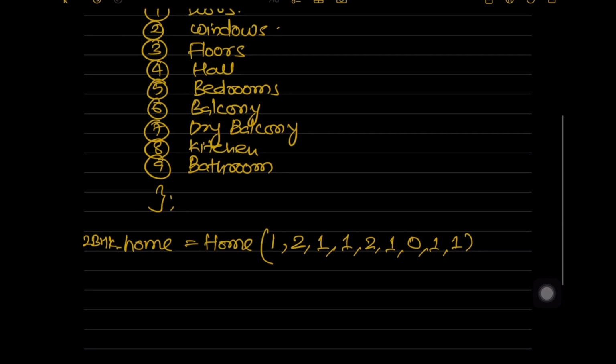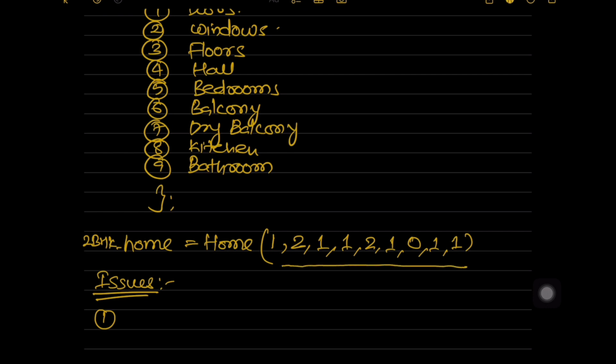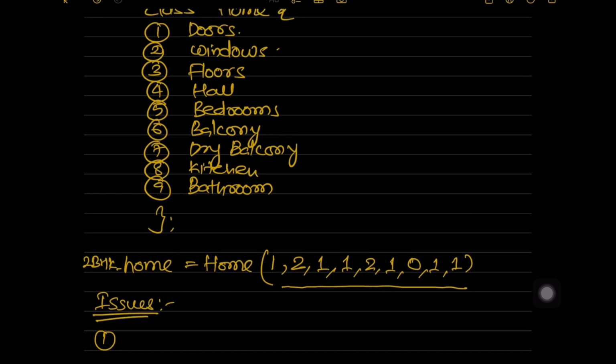Now if you see this, if you create this object, what issues do you see? First of all, after reading this, can you make out which parameter is passed for which argument, if this is the order of the constructor?